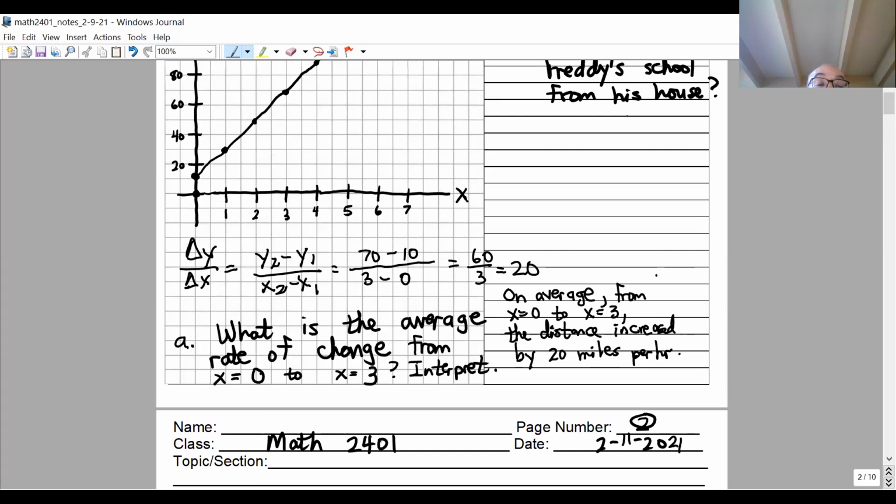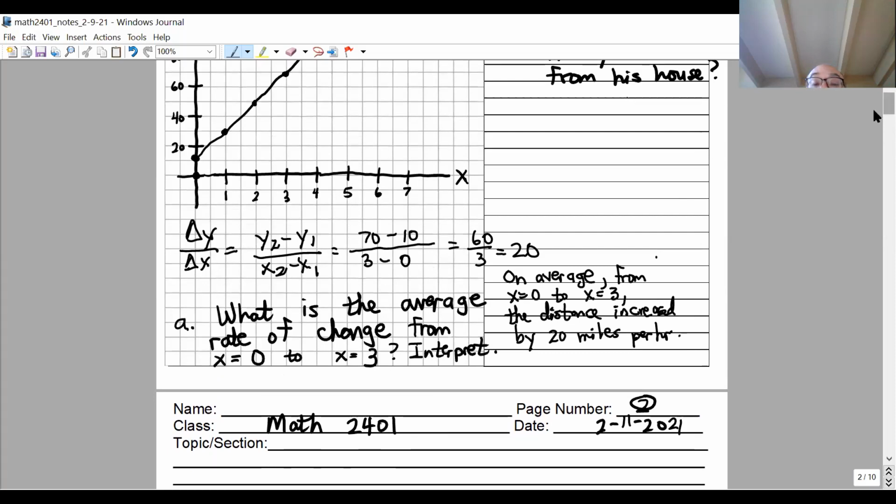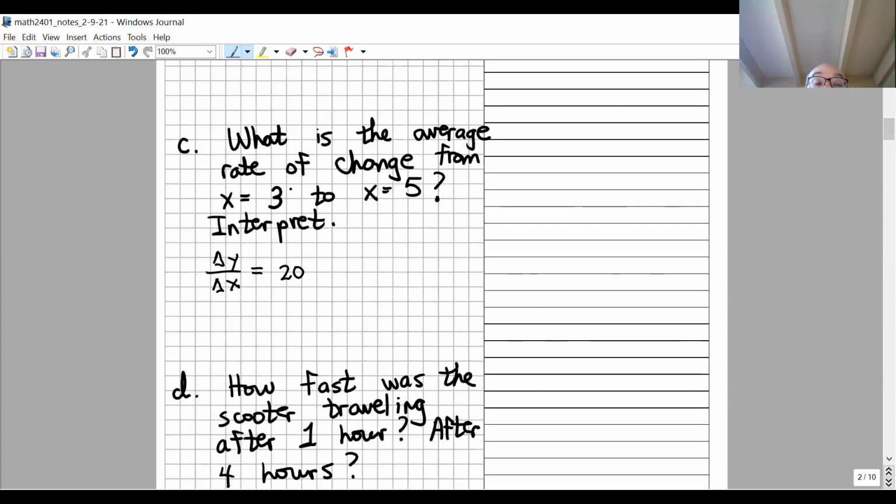When you calculate the average rate of change of a straight line, you're really just calculating its slope. And it doesn't matter if you're calculating the slope from x equals 0 to x equals 3, or from x equals 3 to x equals 5, for straight lines, remember the slope is steady. The slope is always the same. So when you go through these calculations, you already know you're going to come out with 20.